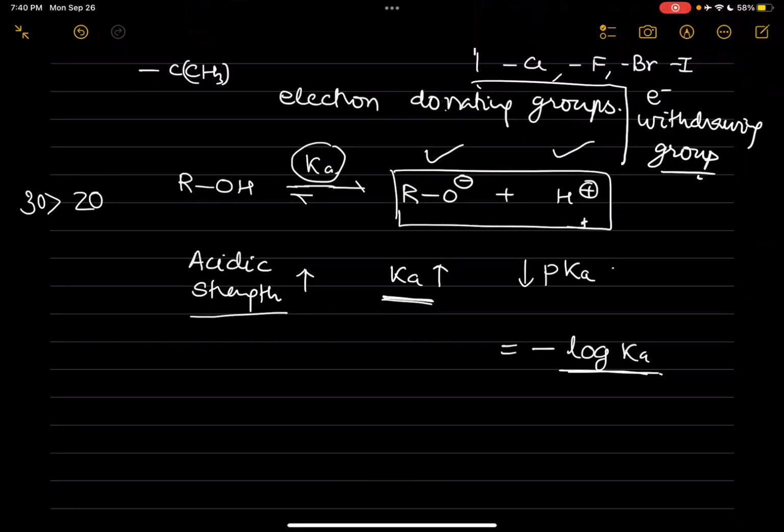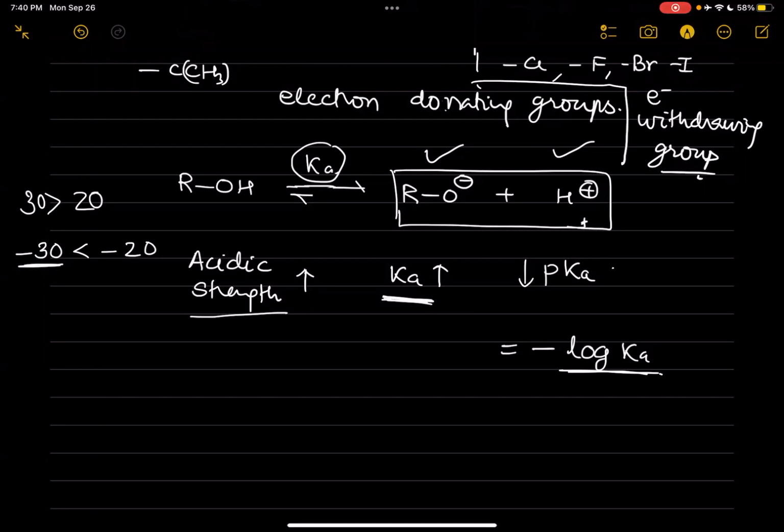Yes. So which is the higher temperature? 30 degrees. But if I put the minus sign, which is the higher temperature, minus 30 or minus 20? Minus 20. Yeah, I'm going to feel more cold at minus 30. Because Ka is the dissociation constant, the stronger the acid, the higher the dissociation constant.